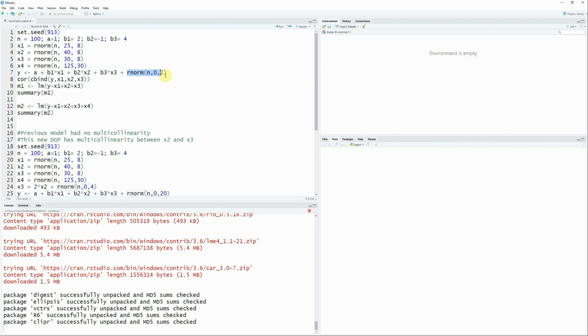At the end of it, we use this rnorm function to generate an error for our equation, and now we're going to have our y variables. Still waiting for the package installation to be over.